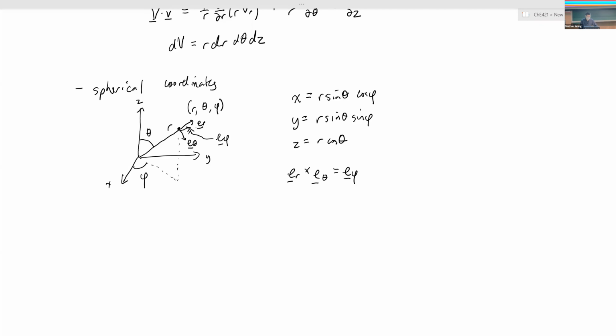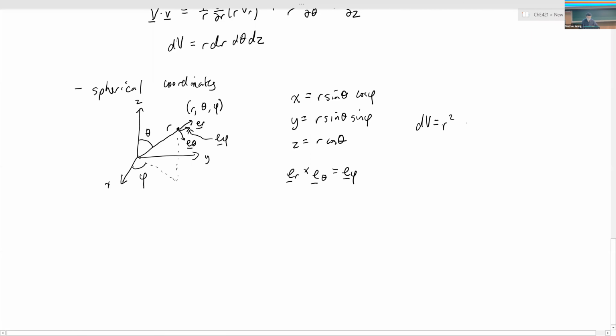Of course, look up what the unit vectors actually are. There's no reason for me to write them down over here. But I also want to point out that the volume element can get even more complicated. This is where you start getting the r squared sine theta and so on.